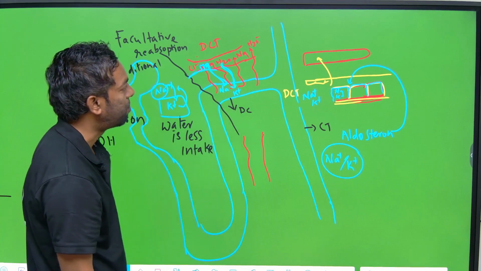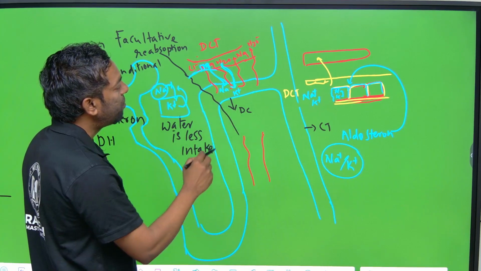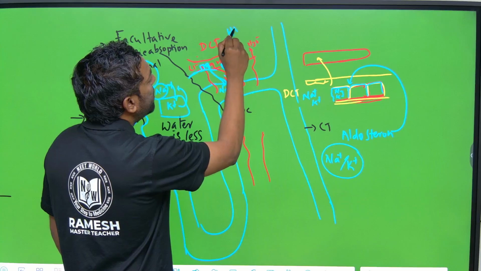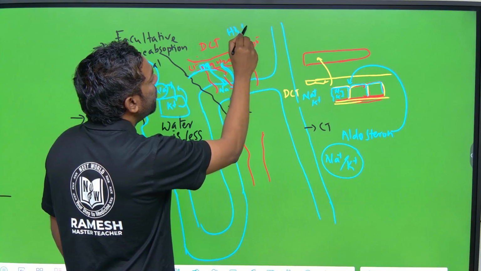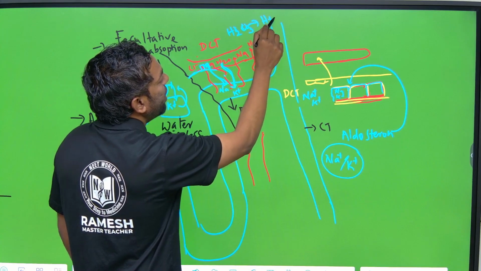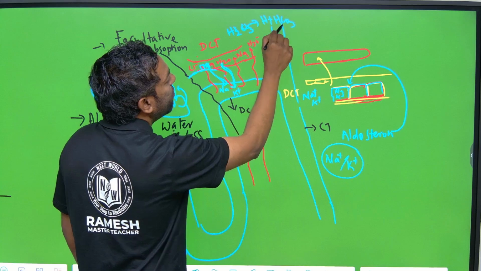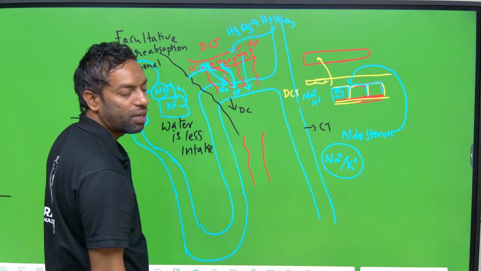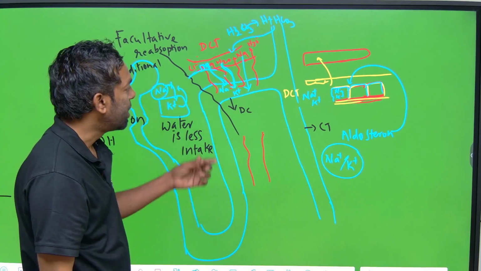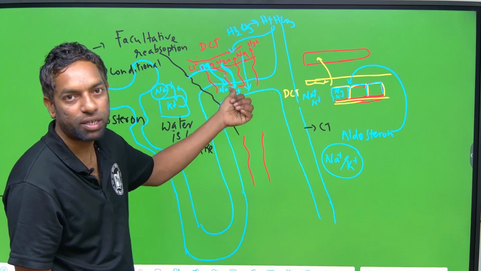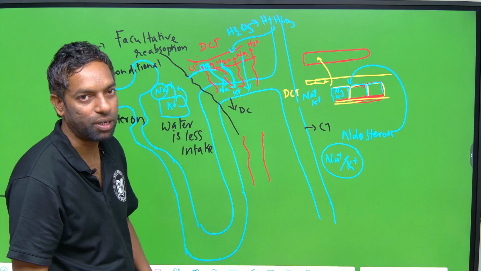Through the sodium potassium pump, at the same time, H2CO3 is converted into H plus and HCO3 minus. If HCO3 is absorbed, H plus exits, meaning secretion. Sodium is in and potassium is out, meaning potassium is secreted and sodium is absorbed.